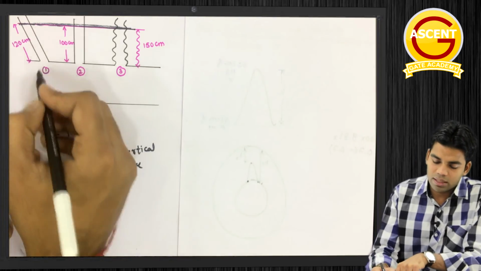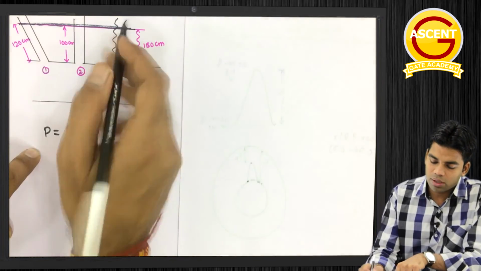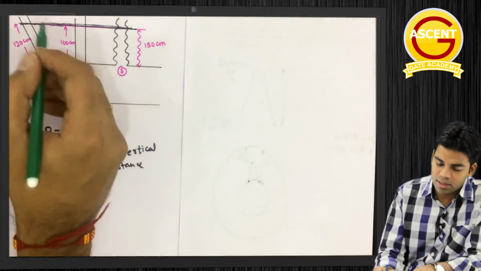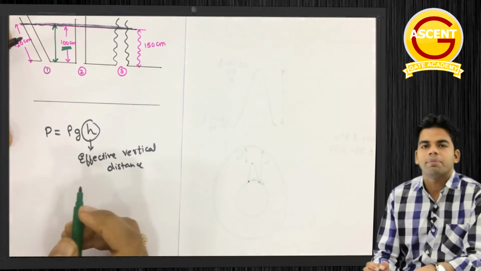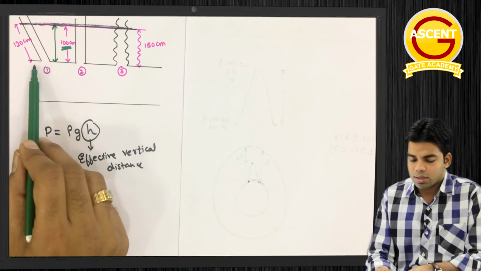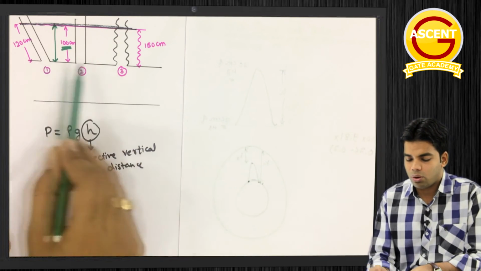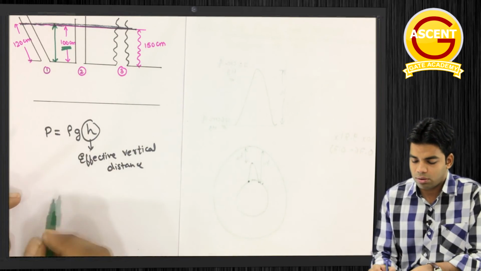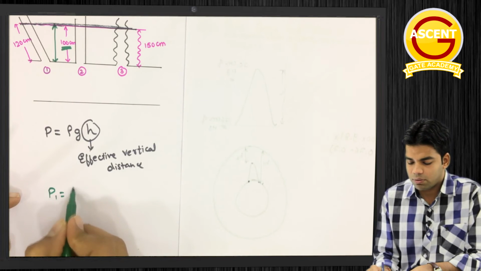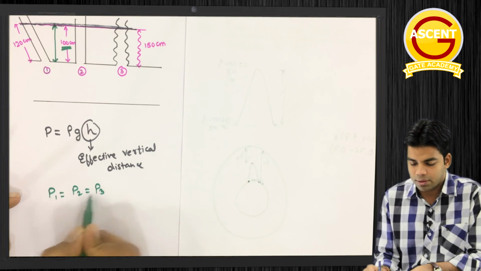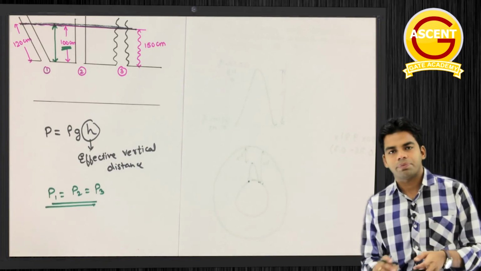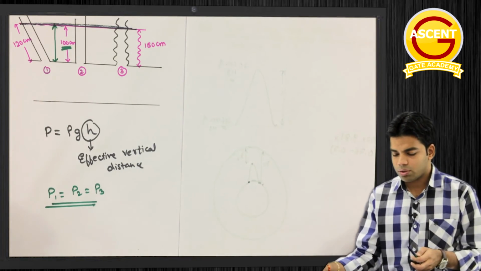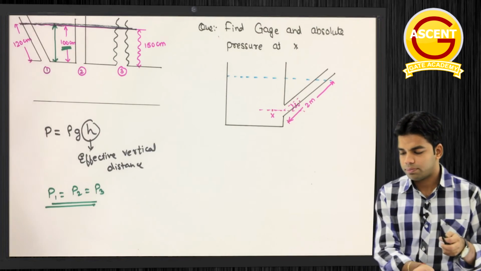So whether you take this pipe or this pipe or this pipe, the effective vertical distance will be this only, which is 100 centimeter. Getting this or not? Because this is at same level, all the pressure will be same. That means P1 equals P2 equals P3. Why? Because the vertical distance is same for all.